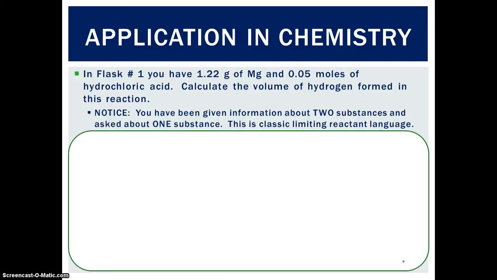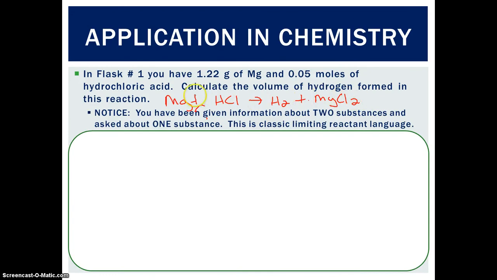So let's look at our reaction in flask 1 from today. Remember, we reacted magnesium with hydrochloric acid and formed hydrogen gas and magnesium chloride.